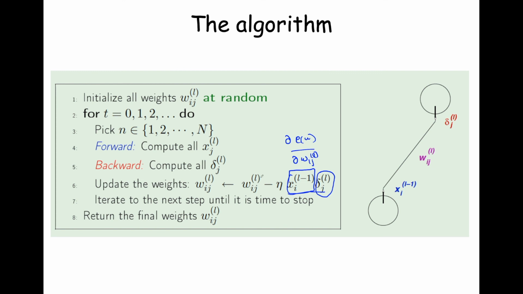All right. So you keep iterating again and again and again until it's time to stop. And then when you're done, you return the final version of your weight vector. Okay. So this is your back-propagation algorithm.